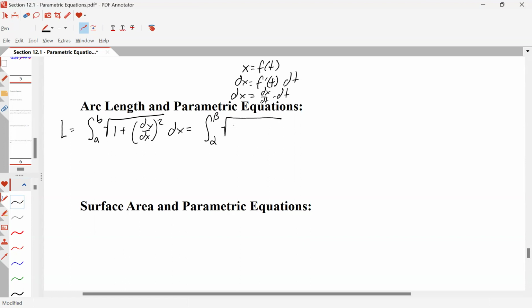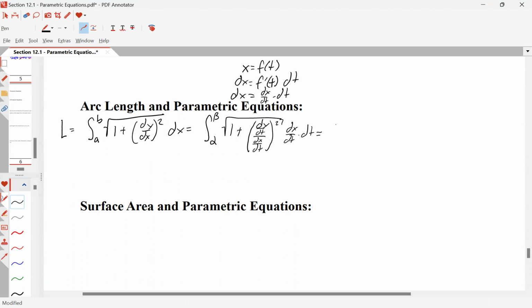The square root of 1 plus, and then a couple videos ago, we saw that the derivative dy/dx is the same as dy/dt over dx/dt. And now I'm going to use that substitution that dx equals dx/dt times dt to switch dx into t.